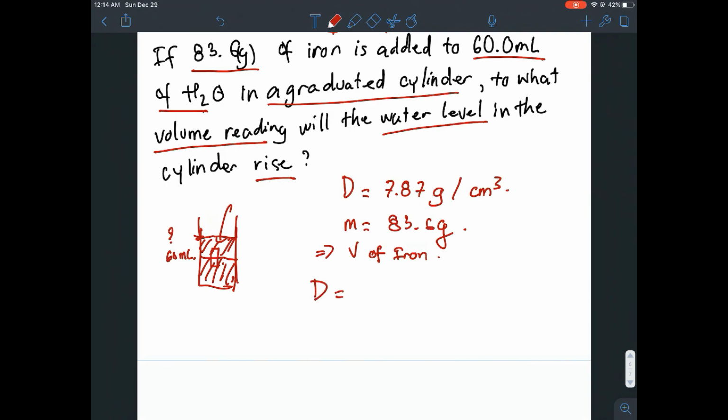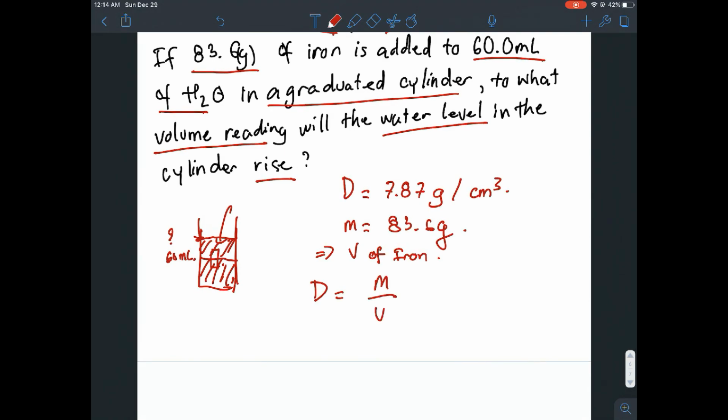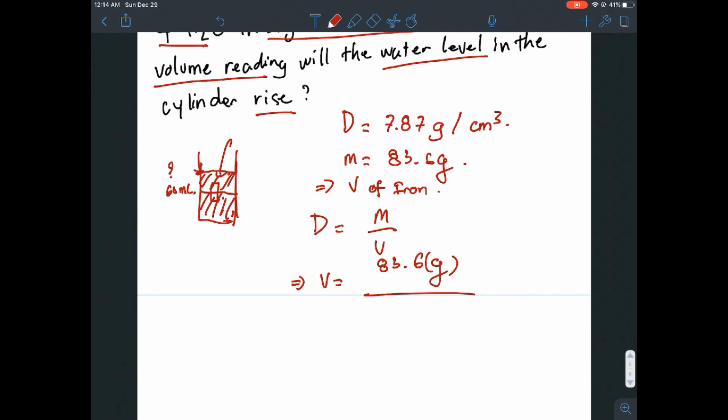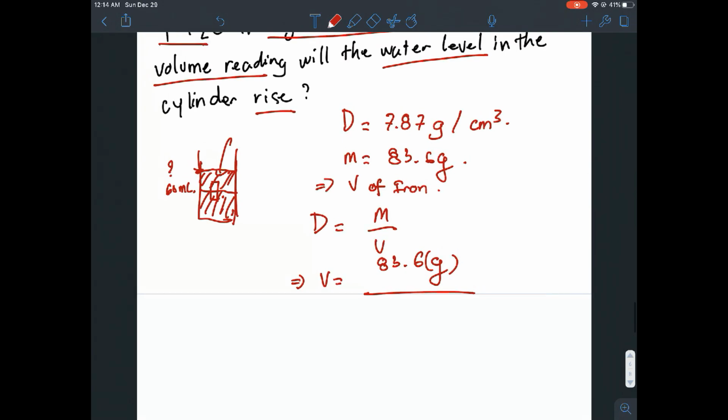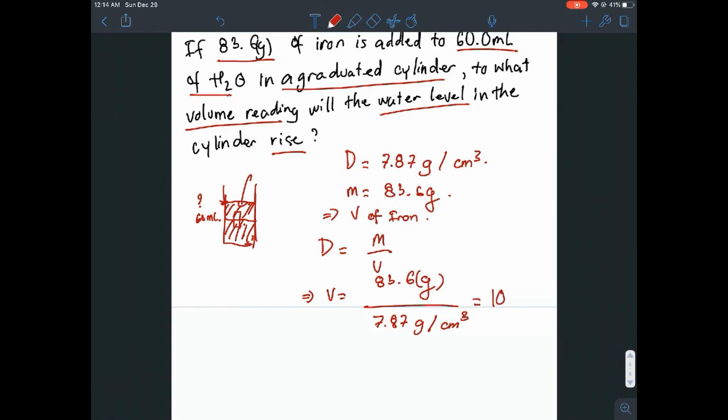Applying the formula, D is equal to mass over volume, we get the volume here is 83.6 gram. We have to write the unit, it is really important. Then you divide it by 7.87 gram per cubic centimeter. We are going to come up with 10.6 milliliter at the end.